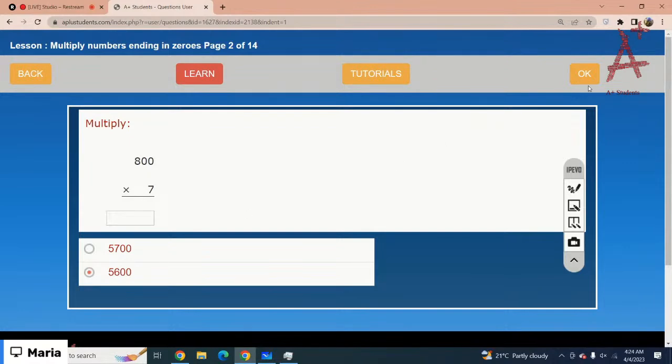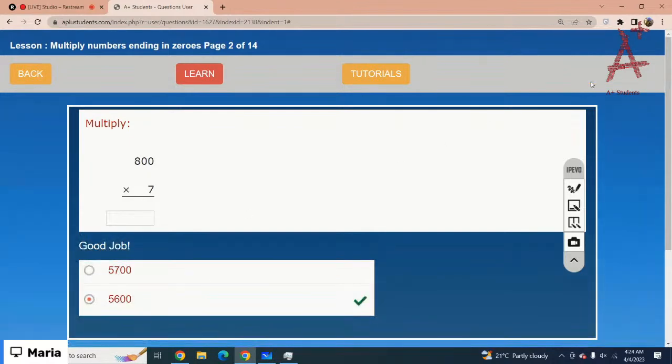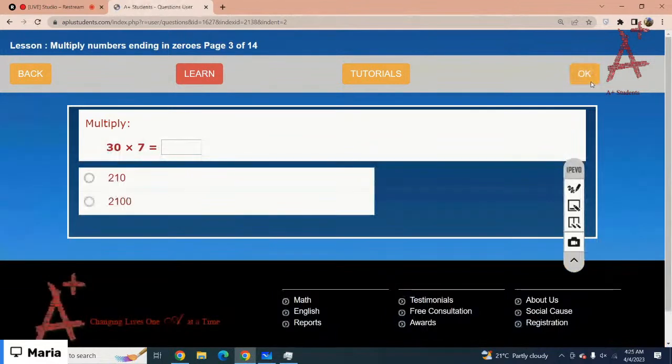Because 7 times 8 is 56. Then you have to add the two zeros at the end.